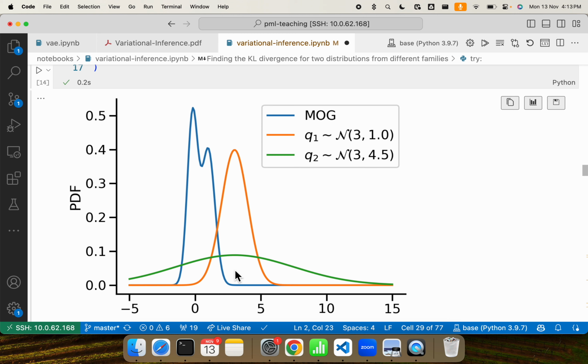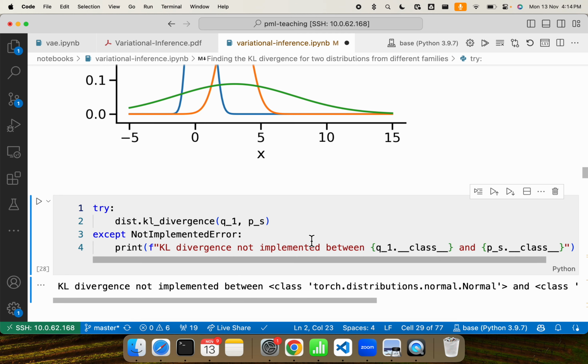Which of them do you think is a better fit for the mixture of Gaussians, Q1 or Q2? Q1 seems better. So the only way we can ascertain this is to compute the KL divergence between Q1 and the mixture of Gaussians, and Q2 and the mixture of Gaussians. And whichever is the lower number, we will say that that is a better fit. And let's try and do that in code.